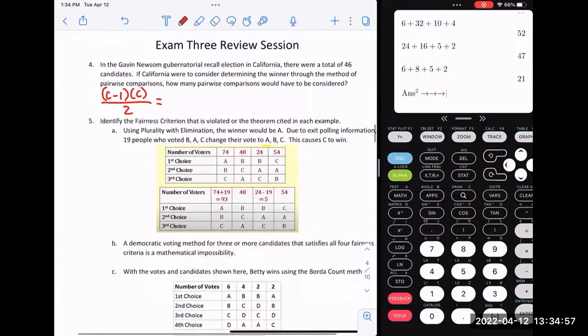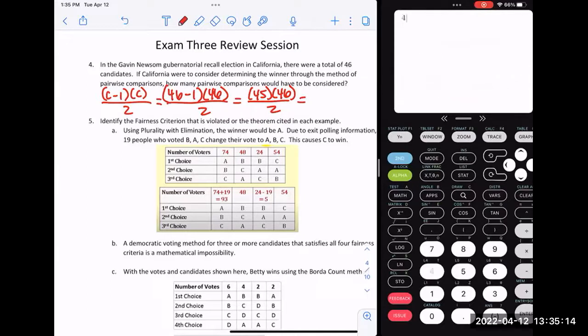So if we had 46 candidates, it's going to be 45 times 46, and then divide that by 2. 45 times 46, 2070, and divide that by 2.